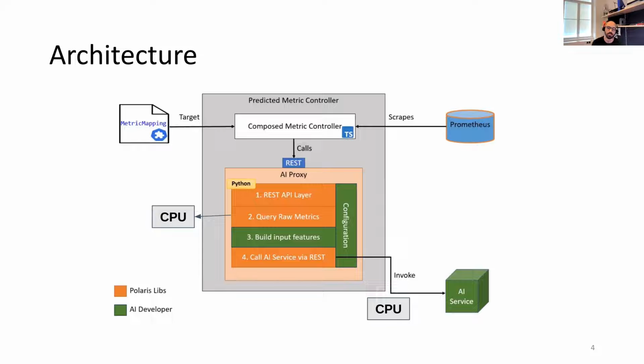The Polaris libs take care of everything else. So basically we divide the development cycle of this unit into two: the infrastructure part, the composed metric controller on top, and the AI proxy, which is mostly done by AI developers who do not necessarily have knowledge about Kubernetes or any infrastructure.